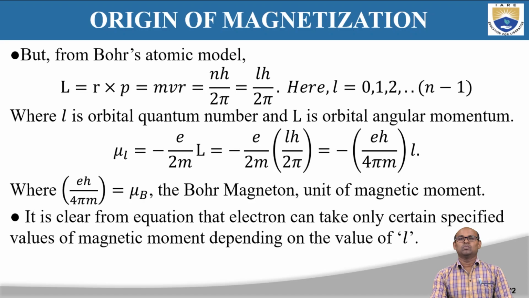But from Bohr's atomic model, we know the Niels Bohr model for atoms. From Bohr's atomic model, L is r cross p, which is mv into r.